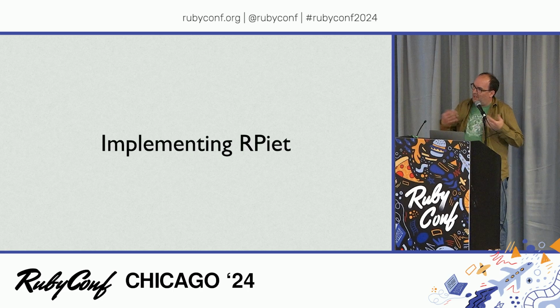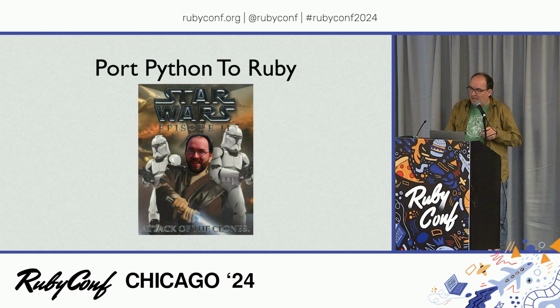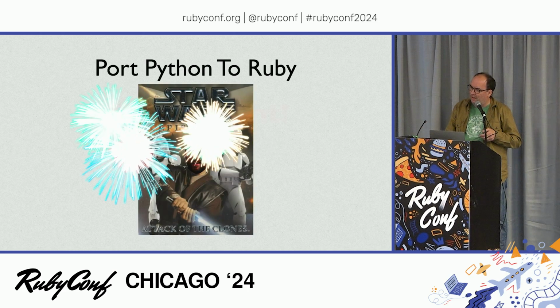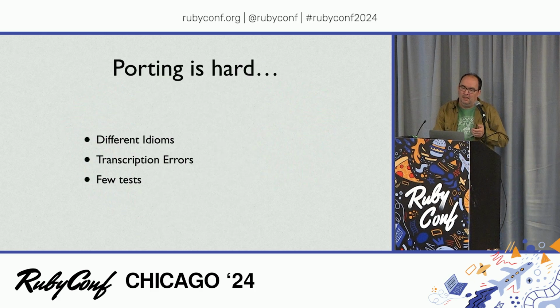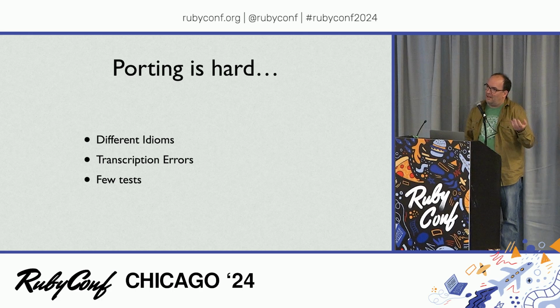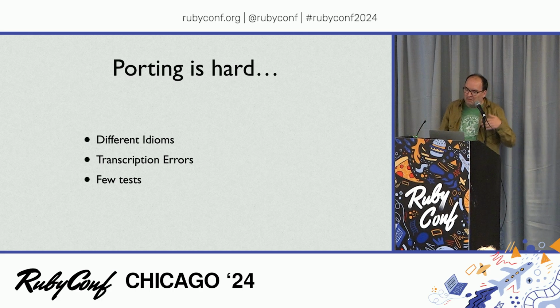Okay, so now I'm done talking about Piet the language. I'm going to talk about implementing it myself. I just ported it from Python. Yeah, so porting's hard. Python and Ruby are not identical languages, so there's different idioms. Porting code, you make lots of stupid mistakes where you just do the wrong thing.